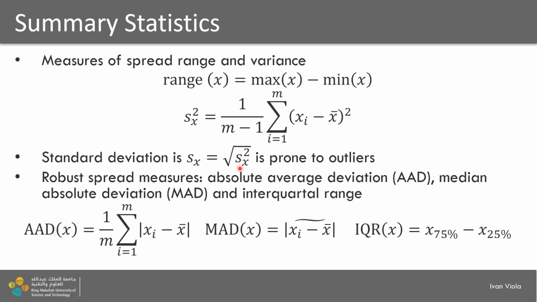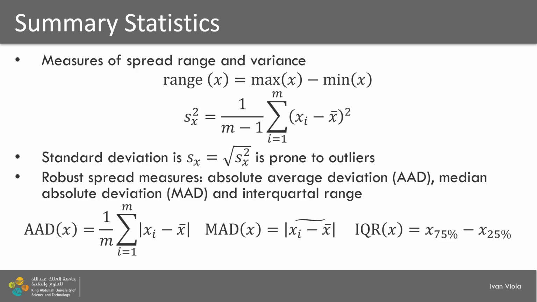And as both of these statistics are calculated from the mean, they are prone to outliers. If there is an outlier in the data, it will drag the mean, and it will also affect our statistics characterizing the spread, because the mean appears in the calculation.